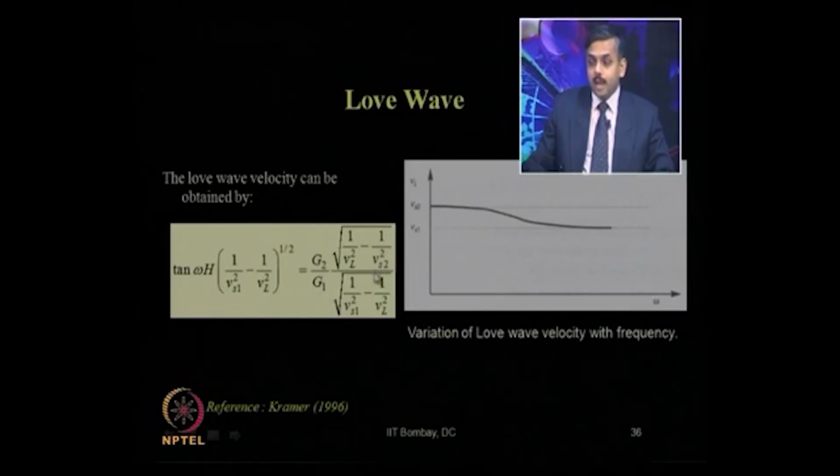Then the shear wave velocity of the elastic half space and the surficial layer should be known to us. By knowing all these parameters for a particular frequency of any particular earthquake and for a known thickness of your surficial layer, you can get the value of VL. All other parameters are known in this equation.